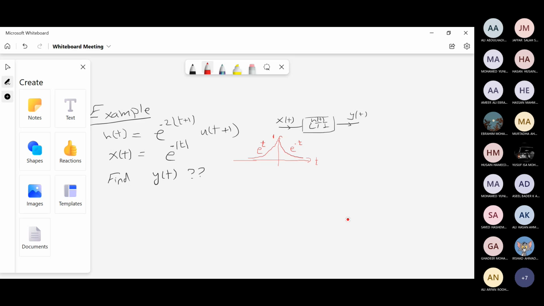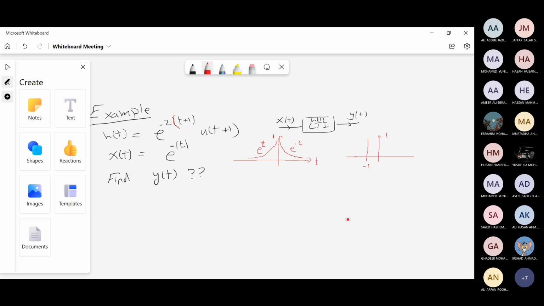Okay, h of t. It is 2 minus 2 e to the power of minus 2 t plus 1, multiplied by u of t plus 1. So it starts at minus 1. At minus 1 this is equal to 0, so e to the 0 is equal to 1.